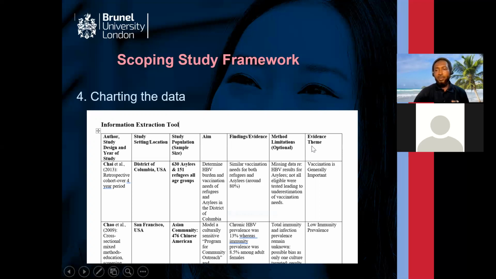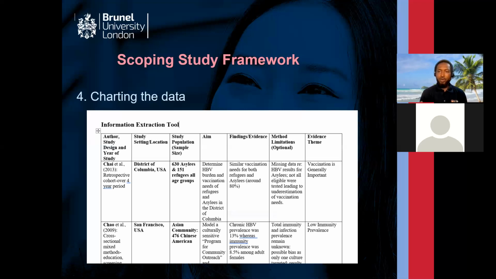Then evidence theme. The one I call evidence theme is that when you find evidence, you try to develop a summarized theme for that evidence. So you can have many articles having the same theme. You use it to classify, sort or code those articles, to say this article agrees with this, and this other article also agrees with the same findings, and this other one.